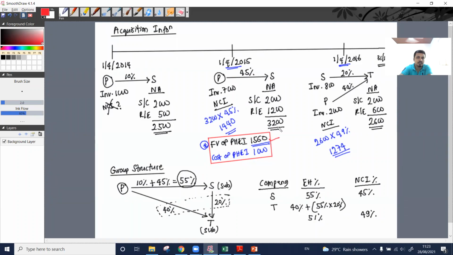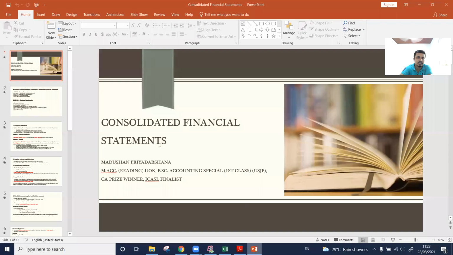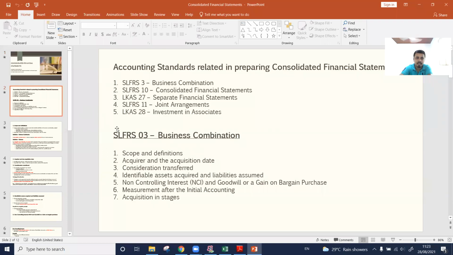Where does this requirement come from? Can you remember this one? The presentation we discussed on the very first day. There, the SLFRS 3 Business Combinations standard provides us the guidance on these aspects.